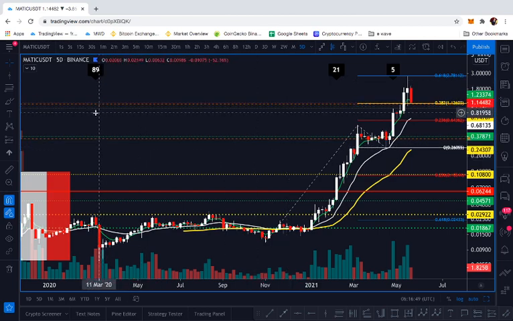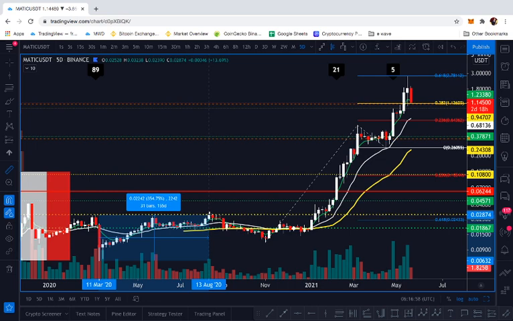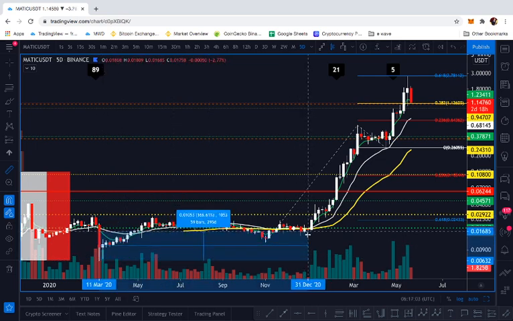So here's the 5-day. The yellow EMA is going to be at the bottom here in like 10 days. But this trend's not really bullish, so I'm not really interested in that. I'm more interested in this trend right here, which is literally in a year. So I'll see you next year.